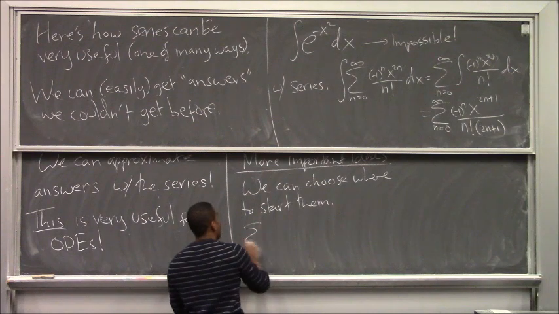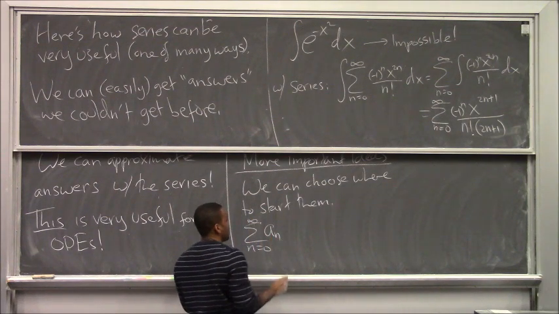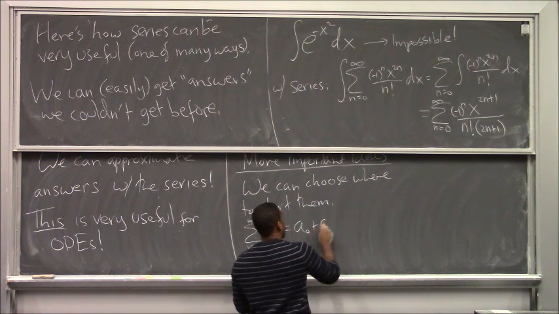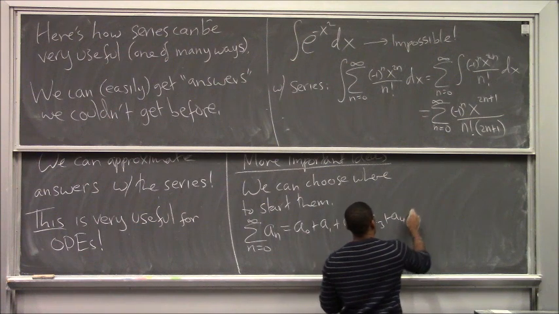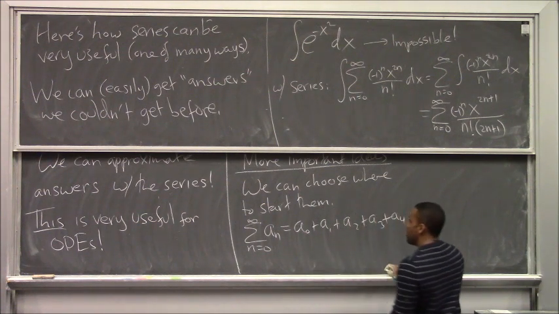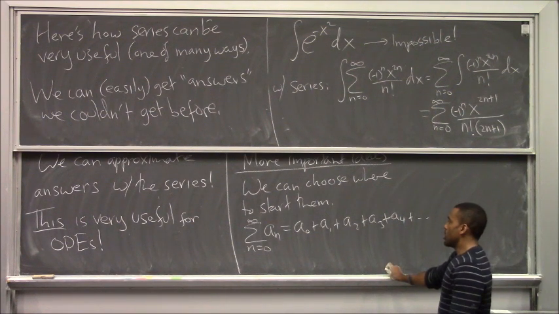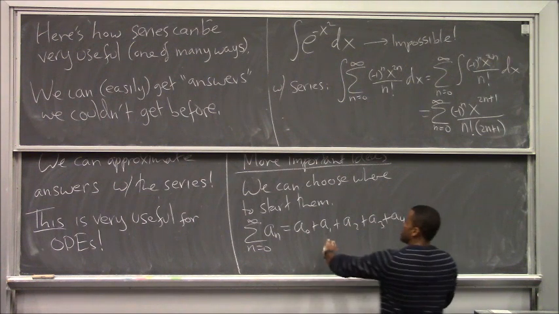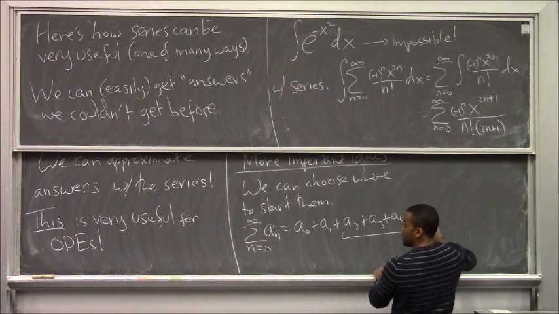So, for example, if I have a series starting at n equals 0 of a_n, I know that's a0 plus a1 plus a2 plus a3 plus a4 plus dot dot dot. But let's say I wanted to start at n equals 2 for whatever reason. You'll see a reason later. What I can do is just evaluate some of the terms and then start the series from some point in the middle.